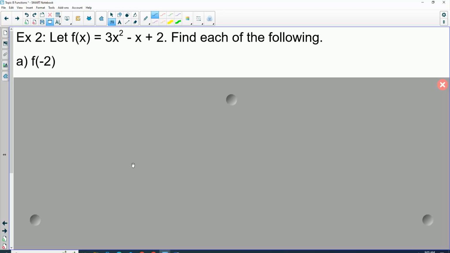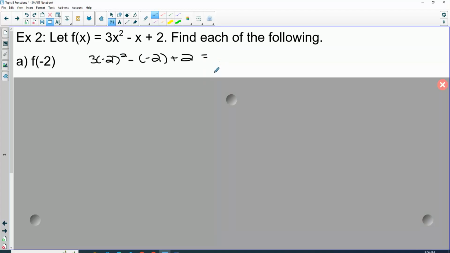The first one, why don't you guys give it a shot on your own, see if you remember. If I say f of -2, what am I asking you to do? So that's just asking you to plug in a -2 for all of your x's. -2 squared.